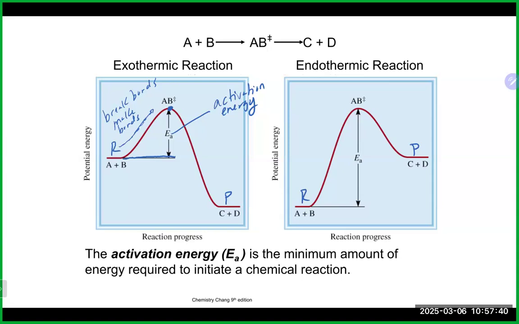When we get to the very top of this hill, right here at the very top, that is what is sometimes referred to as a transition state. You can see this guy with this little symbol on top of it.